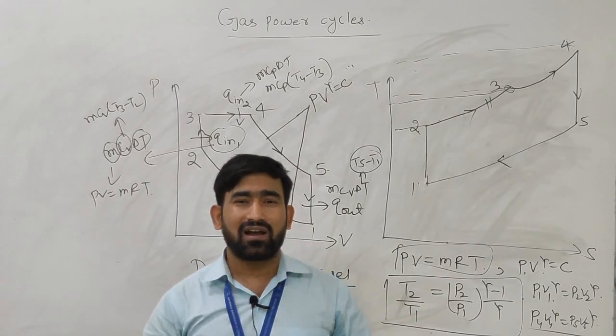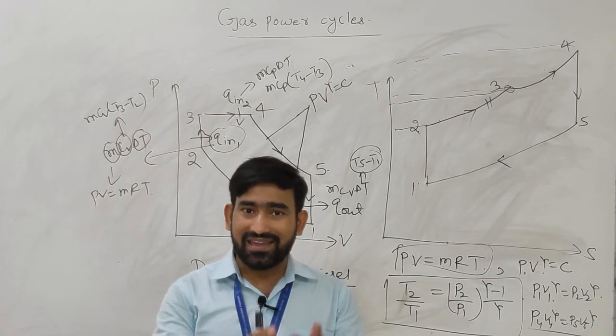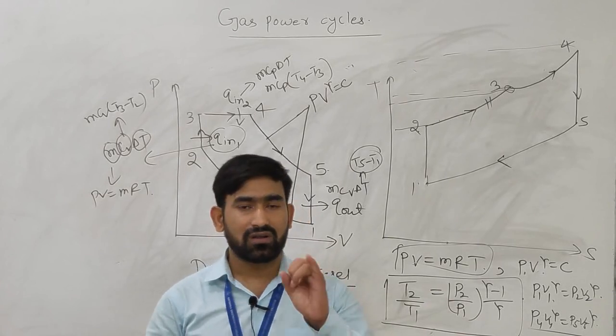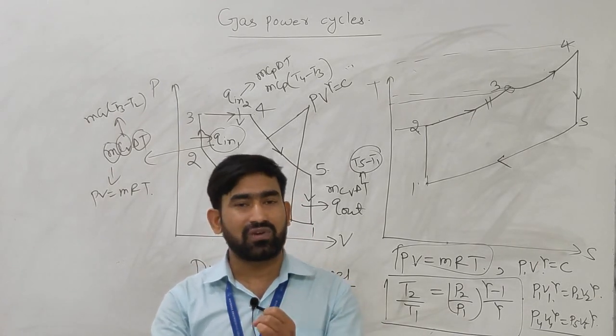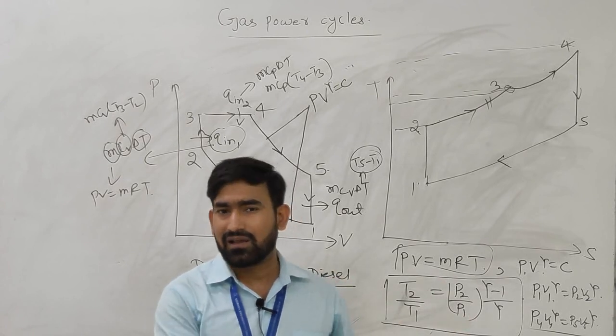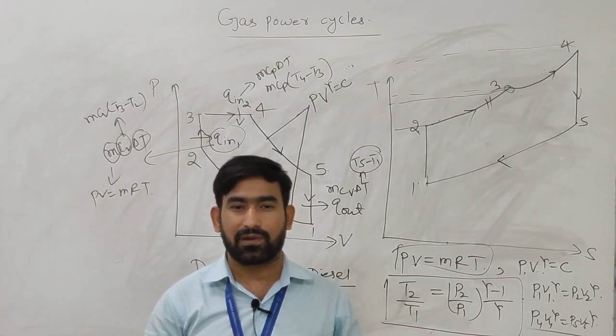With the help of the polytropic PV and TS diagrams, we drew the diagrams for the Otto cycle, diesel cycle, dual cycle and even the Carnot cycle. In the Carnot cycle, there are 2 reversible adiabatic and 2 reversible isothermal processes.